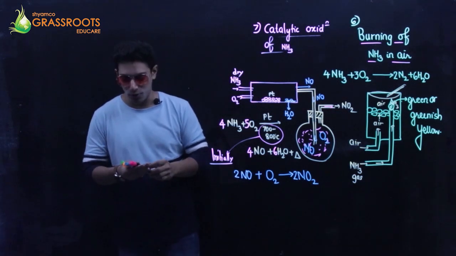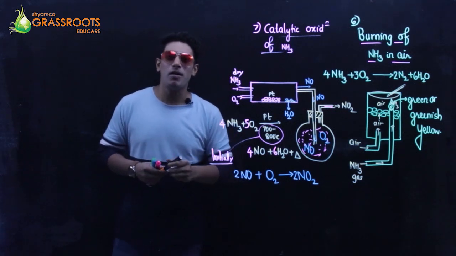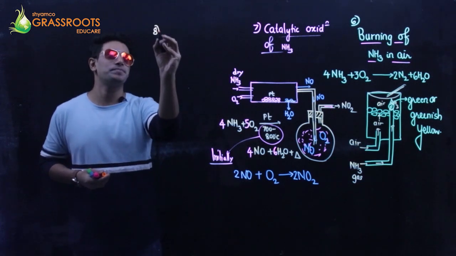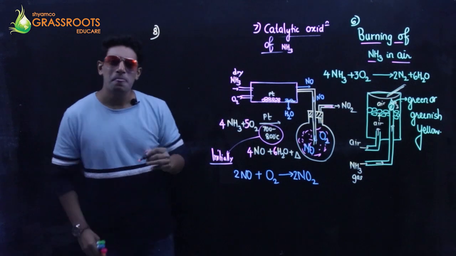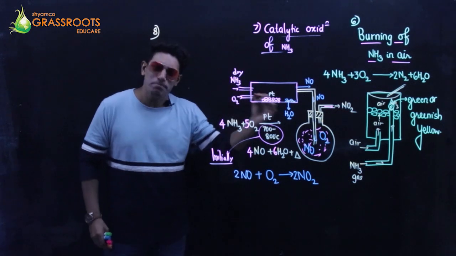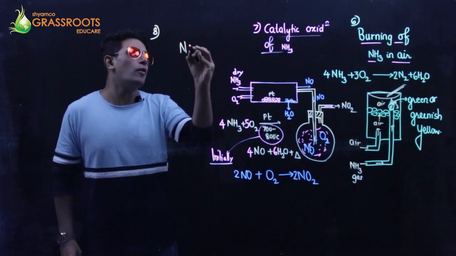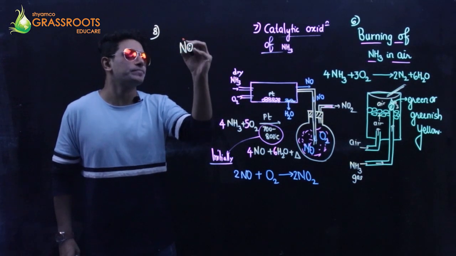Both are good ones. Now, talking about the basicity of ammonia as my eighth answer. Ammonia is a very weak base, because if you draw a diagram of ammonia, ammonia has one lone pair.